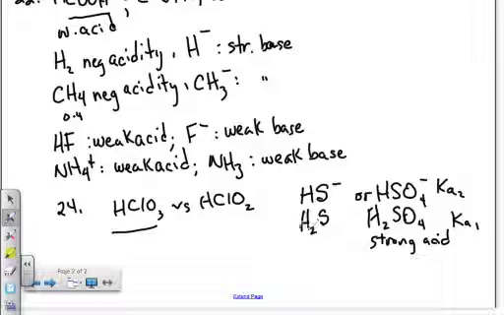Here we have a Ka1 that is much smaller than that one. Ka2 is smaller than Ka1. HS- is going to be the stronger acid between the two, because H2SO4 is so strong. This is very, very weak as an acid, and so therefore HS- is stronger.